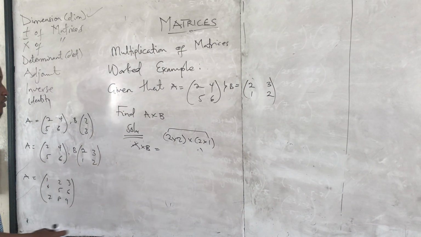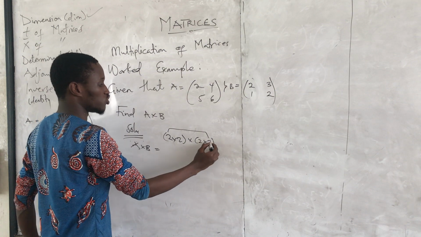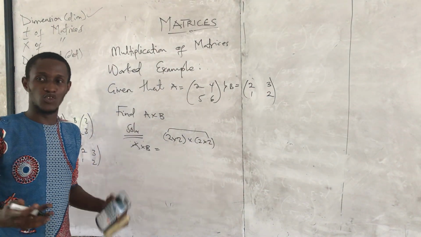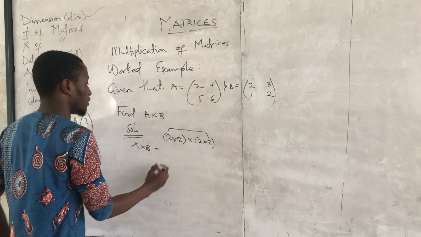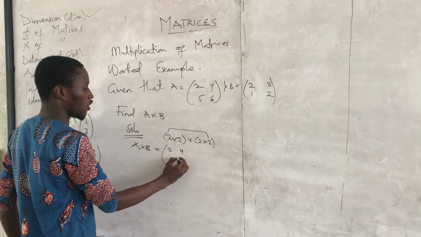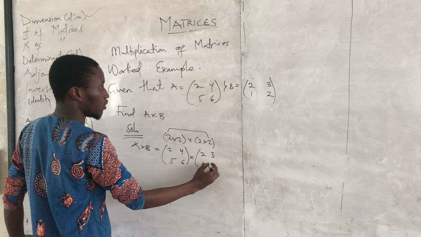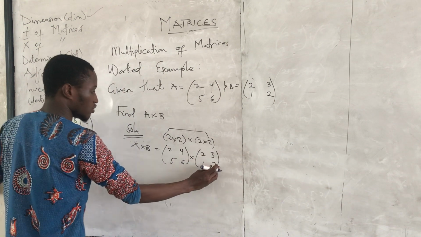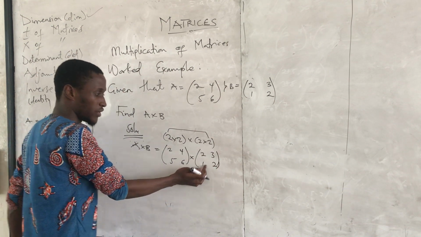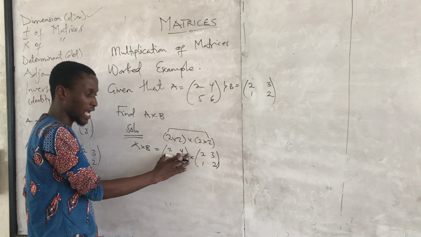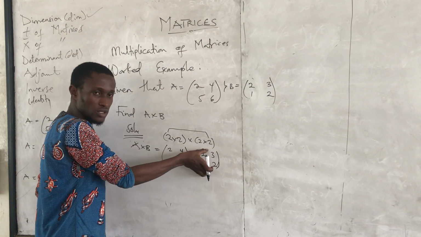Okay. So now 2 by 2. So a 2 by 2, by the dimensions, we have a 2 by 2 matrix. So this is 2, 4, 5, 6 multiplied by 2, 3, 1, 2. So like I said, we'll deal with the first column of the B, multiply and add, and then we'll deal with the second.